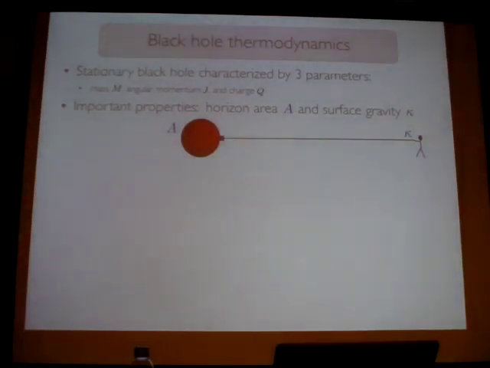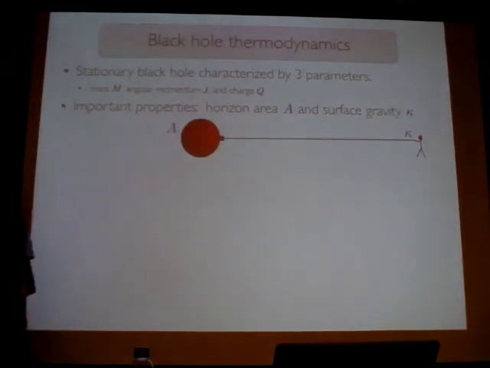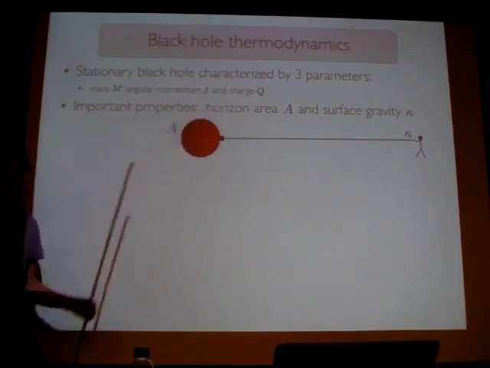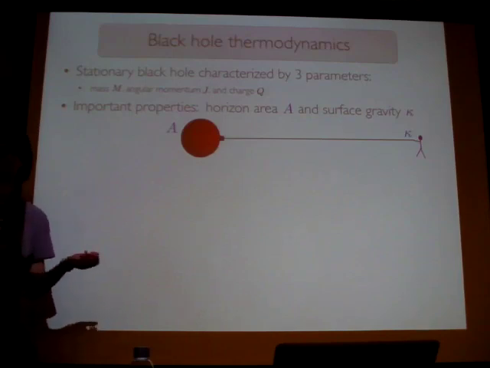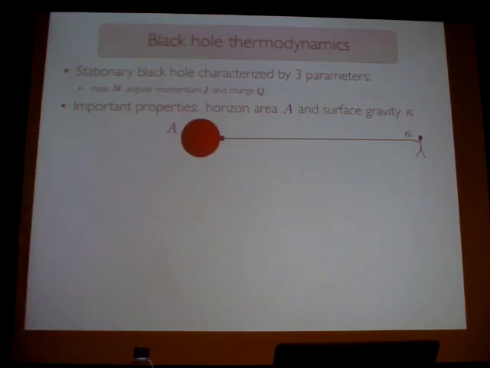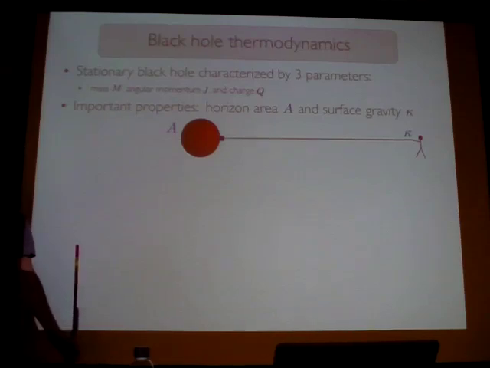It turns out that a stationary black hole can be completely characterized by just three parameters, corresponding to their mass, angular momentum, and charge. This is obviously very different for ordinary objects, which would need much more detailed specification. These three parameters characterize the full space-time, including the location and properties of the event horizon.